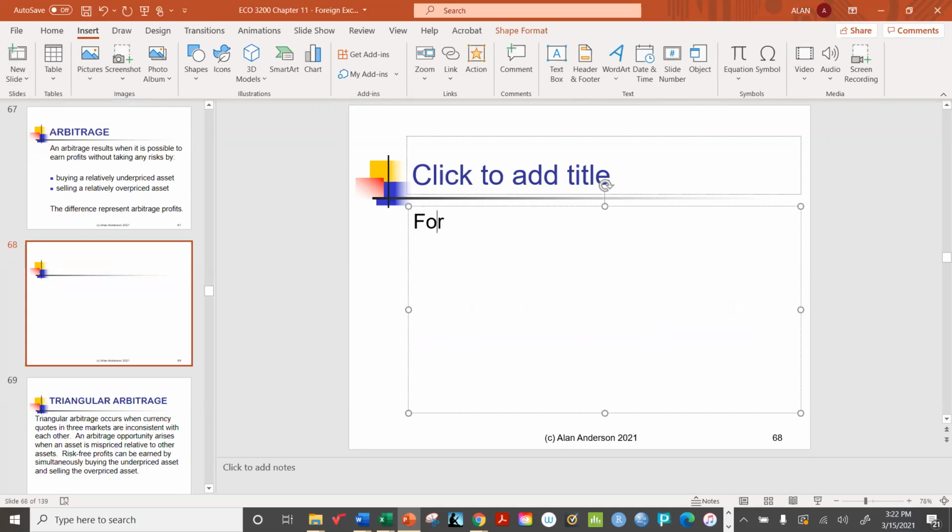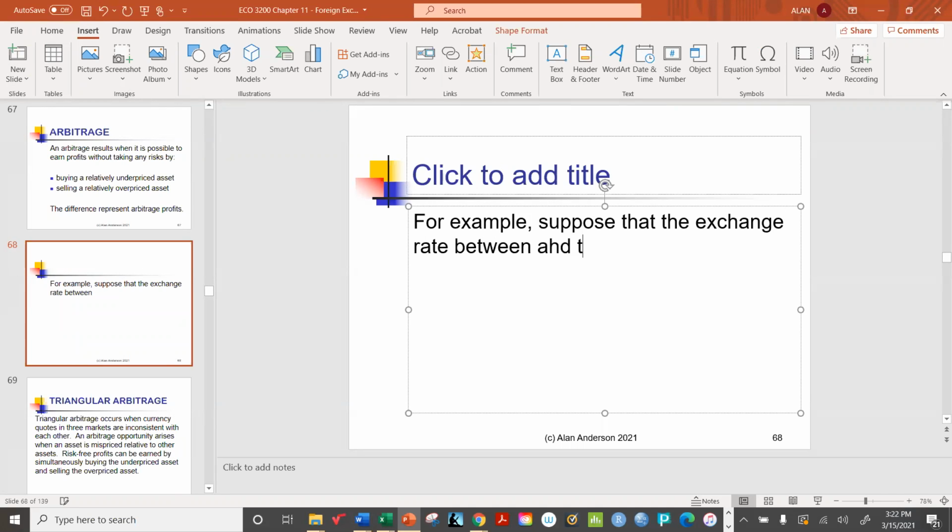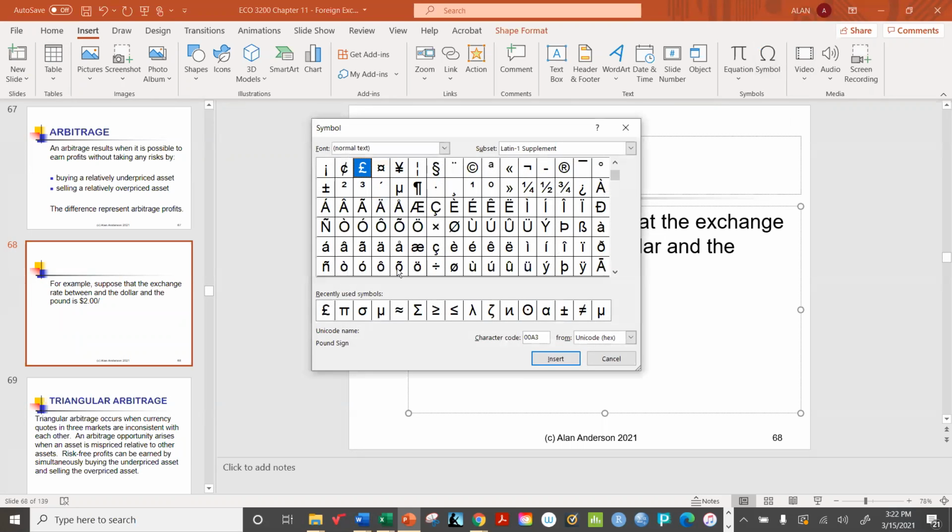For example, suppose, just to keep it simple, that the exchange rate between the dollar and the pound, by the way, we're back to nominal exchange rates now, is $2 per pound. Obviously, it's nowhere near that level right now.